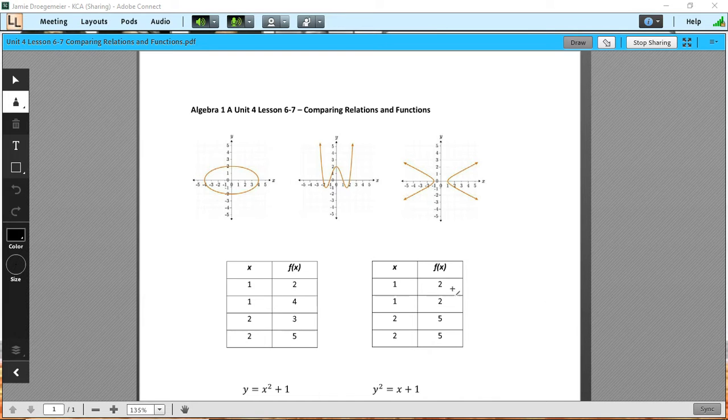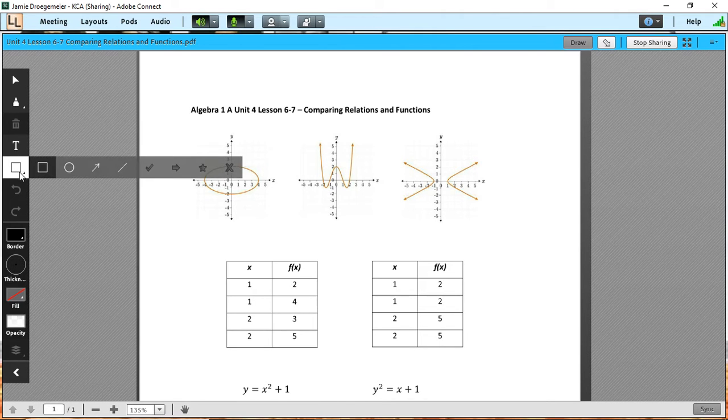So in our first set of examples here, I just have 3 graphs. And just by looking at them, we want to be able to tell, is this a function or just a relation? So function or not a function. And if you remember when we talked about graphs, we said that we could use the vertical line test. So I'm just going to make myself a little vertical line here.